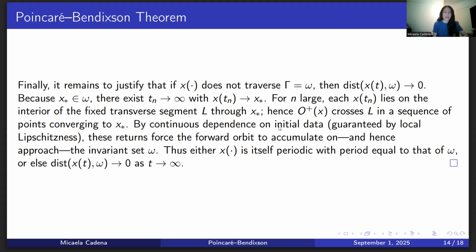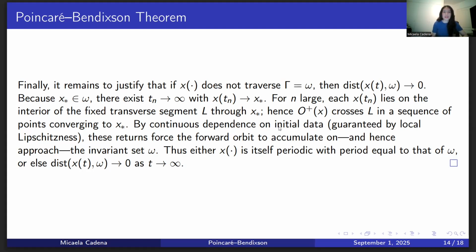So now, because x star belongs to the omega limit set, by its definition, there exists some Tn that goes to infinity with x of Tn going to x star. And for large n, each x of Tn lies in the interior of the fixed transverse segment L through x star. So the forward half orbit crosses L in a sequence of points converging to x star.